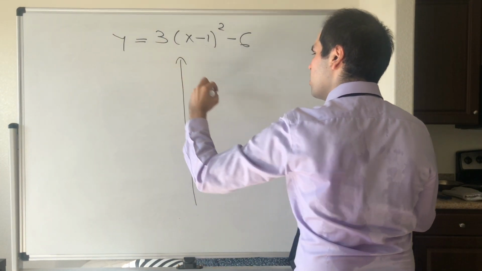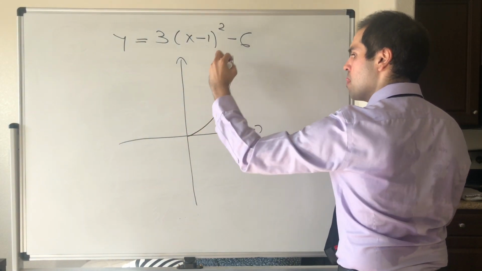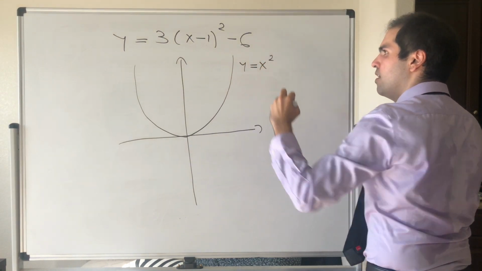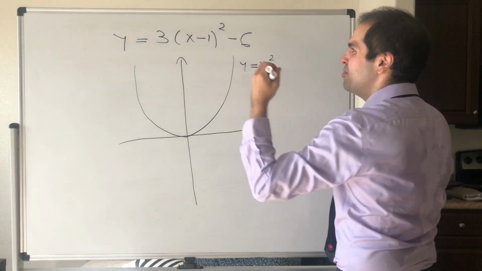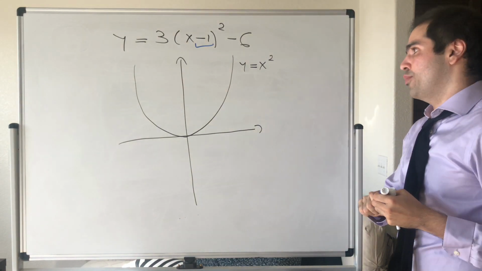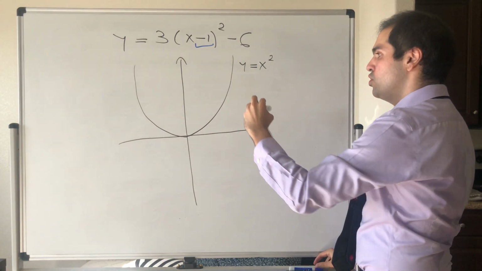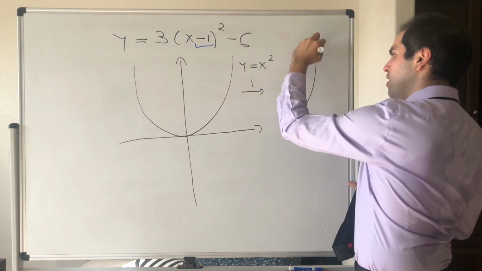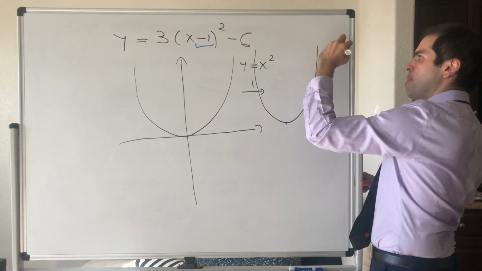So let's start with the parabola y equals x squared. Now, you need to go like inside out, kind of like that movie. So if you see, you start with x minus 1 squared. So minus 1, time is running out, so you shift it to the right by 1 unit to get x minus 1 squared.